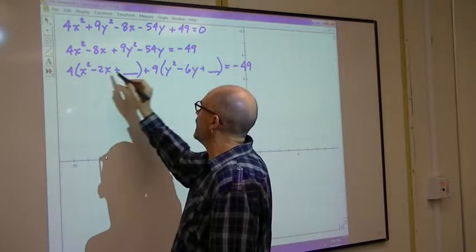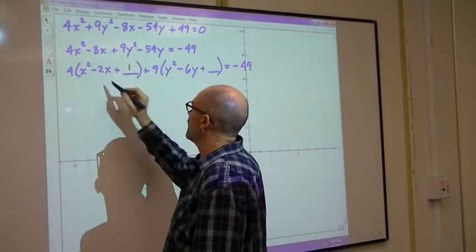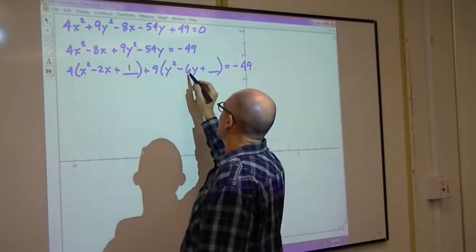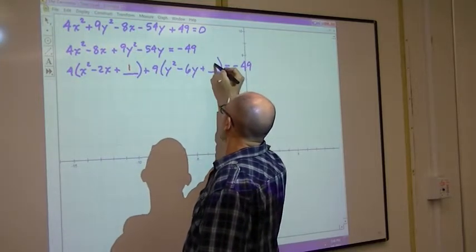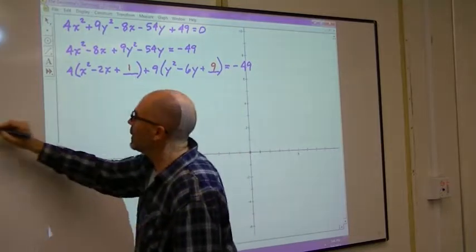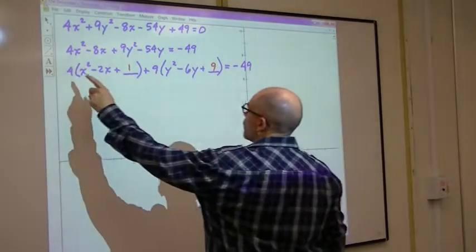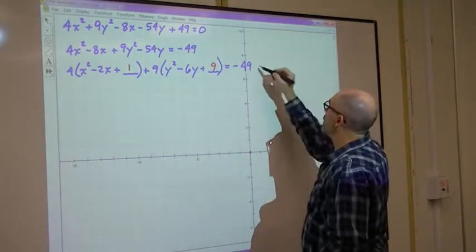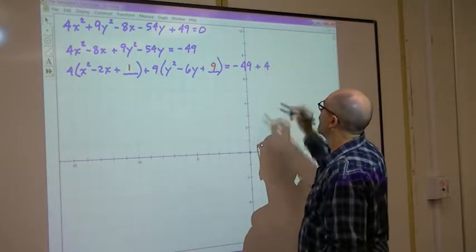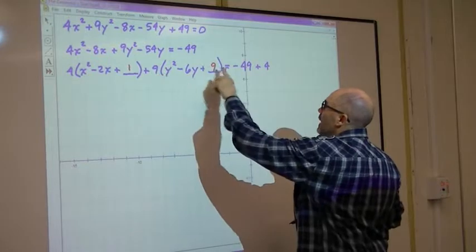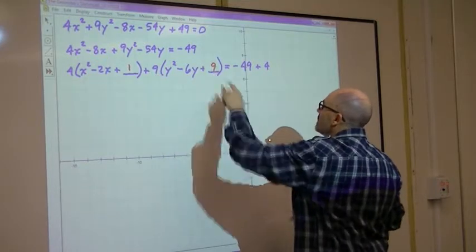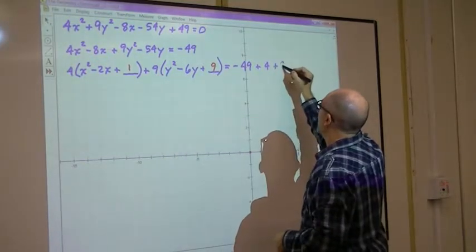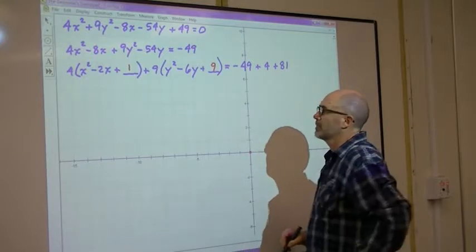Well, let's see what goes in the blank here. You cut the middle term in half and square it, so you get negative 1 squared is 1. Cut this middle term in half, negative 3 squared is 9. So, what are we adding to the left? We're adding not a 1, but 4 times 1, so we better add 4 to the right. And we're not adding just 9, we're adding 9 times 9, so we better add 81 to the right.